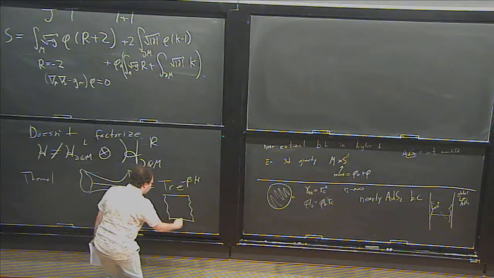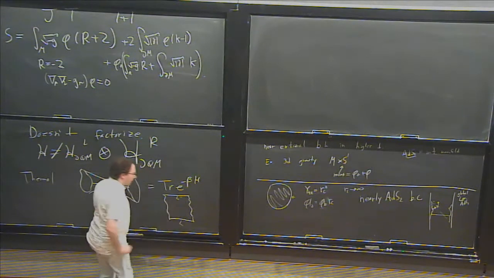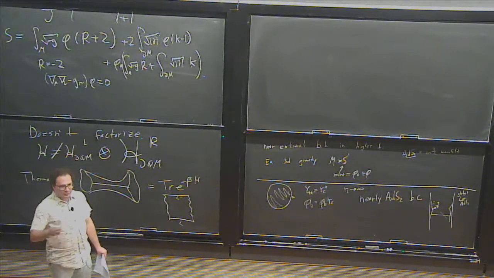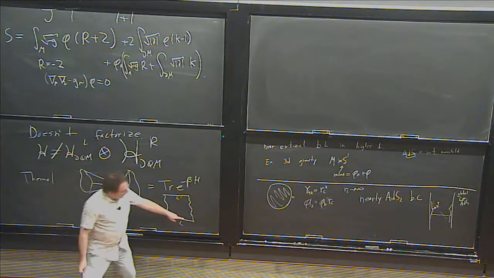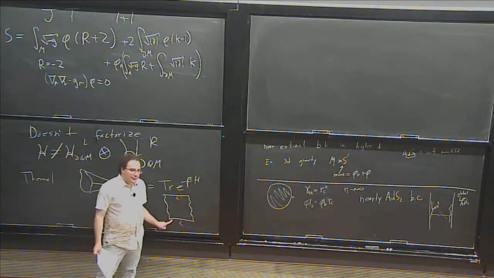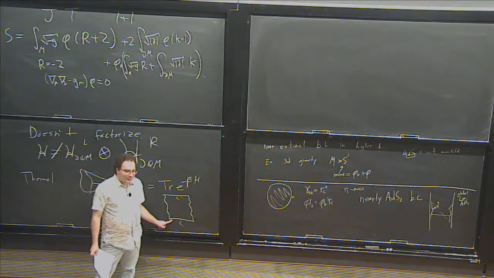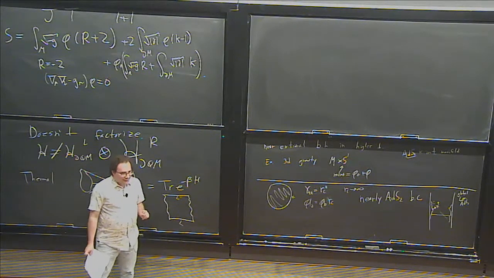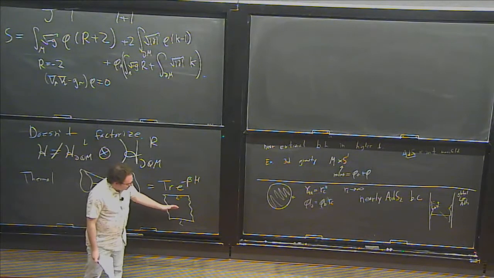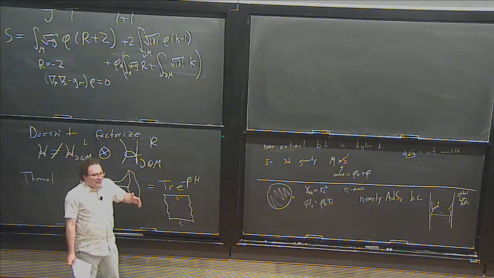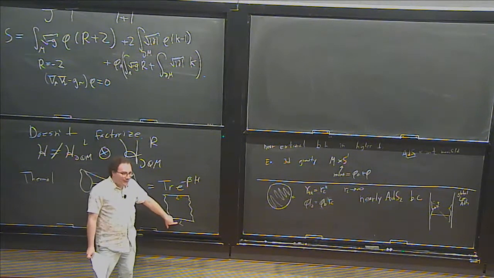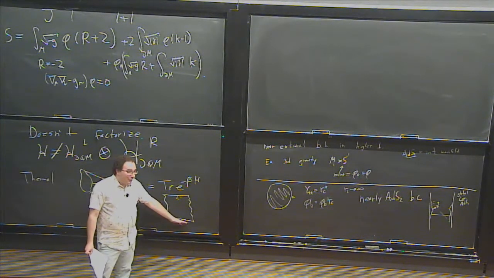This is the geodesic of length L and length L prime, and then I glue L to L prime with a delta function and integrate over L. This is the marked geodesic. I do integrate over it, but that doesn't mean that I don't mark it. I integrate over L, but it's still marked, okay?